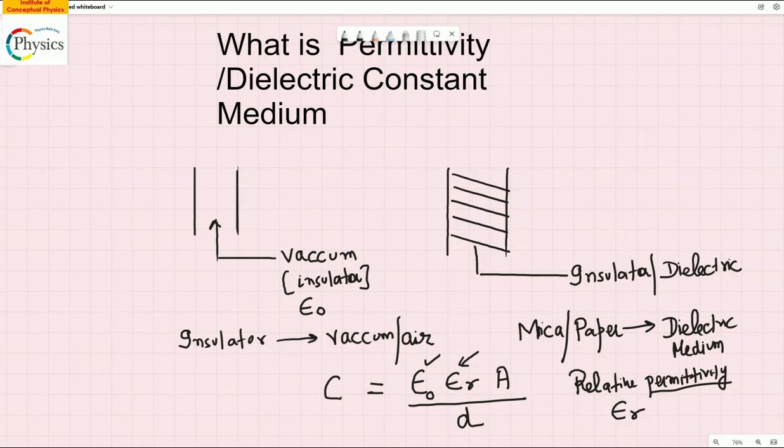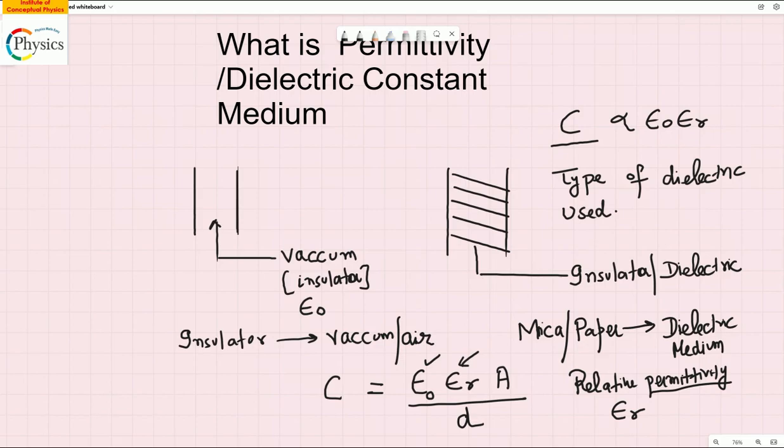So the point I'm trying to make is that the material matters. If you can see the formula of capacitance, it is proportional to epsilon naught, epsilon r. So the capacitance of a parallel plate capacitor is dependent on the type of dielectric used.